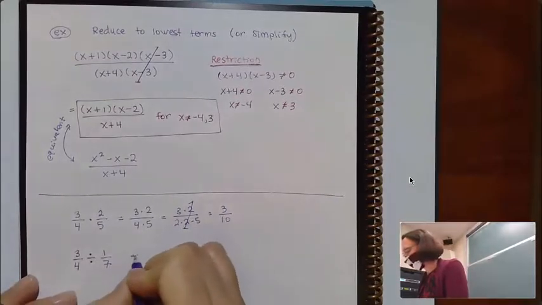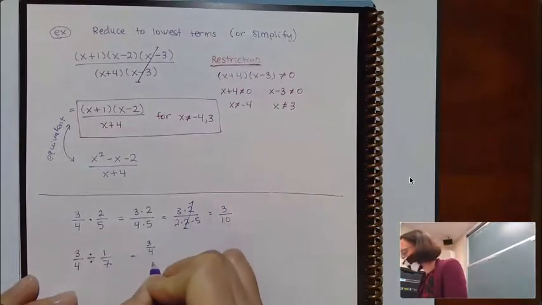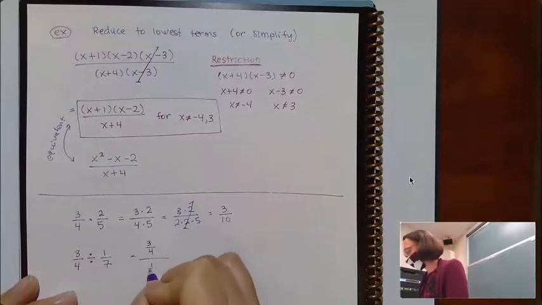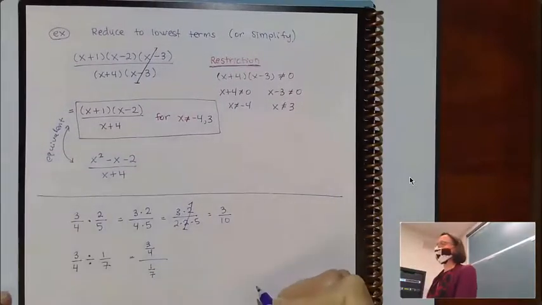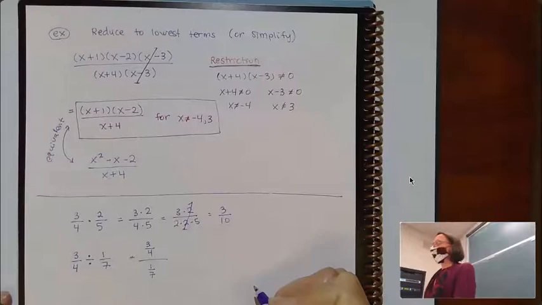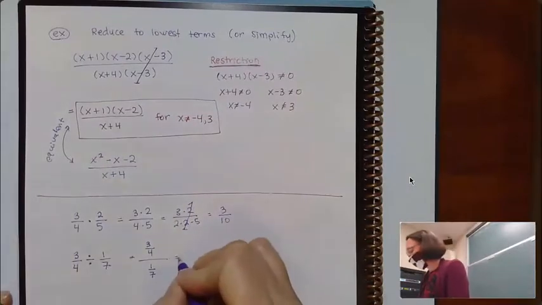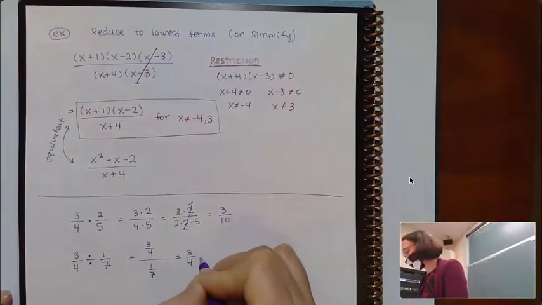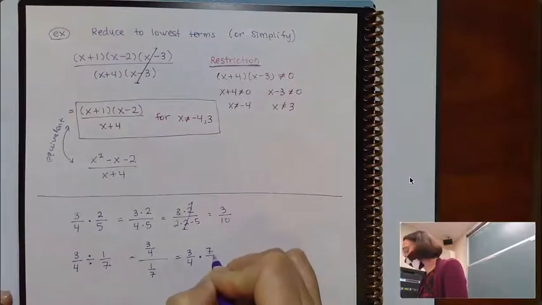This is equivalent to saying that I had 3/4 whole thing divided by 1/7. And that is equivalent to 3/4 times 7/1.